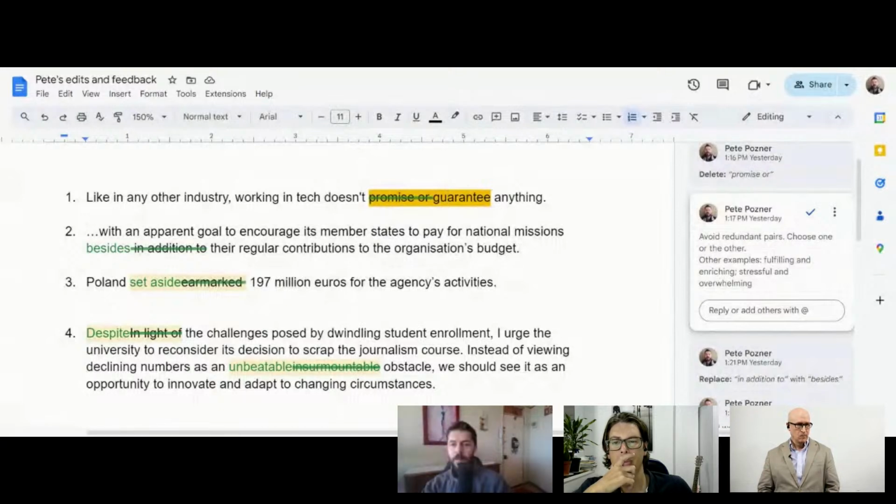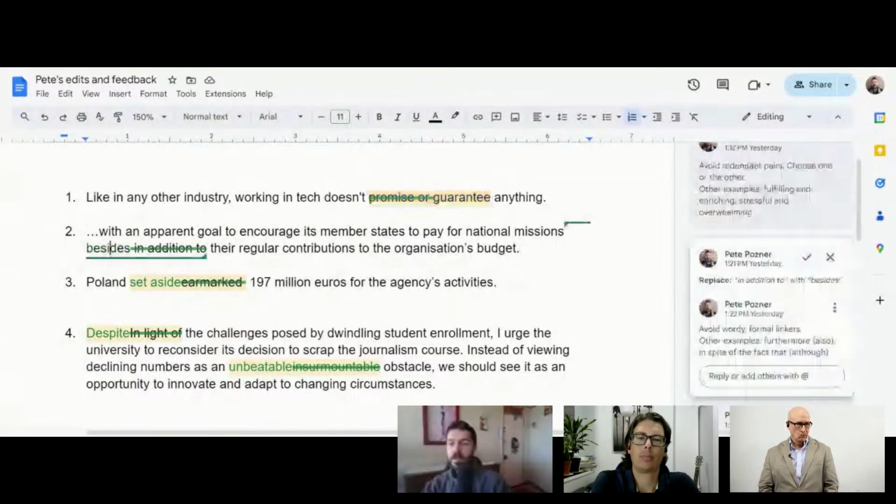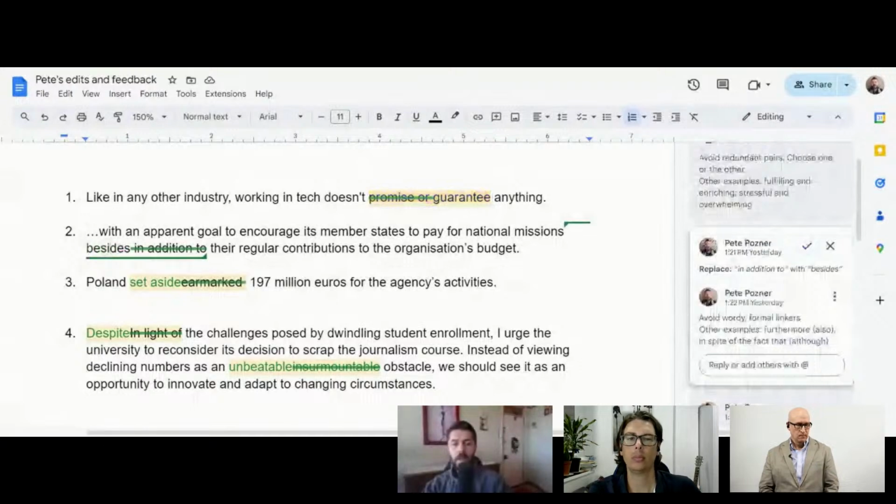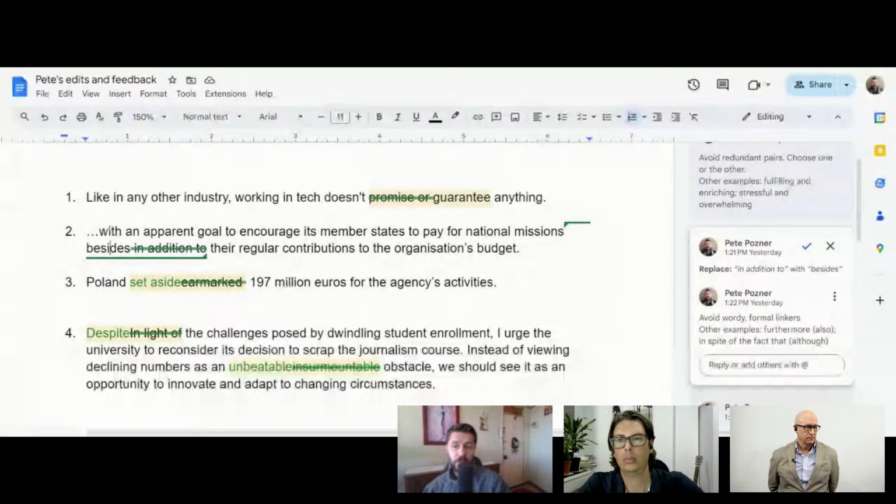And if we go on to the next one, we talked about avoiding wordy phrases. So if you read this, it says, with an apparent goal to encourage its member states to pay for national missions. Besides, so the client wrote, in addition to their regular contributions to the organization's budget.